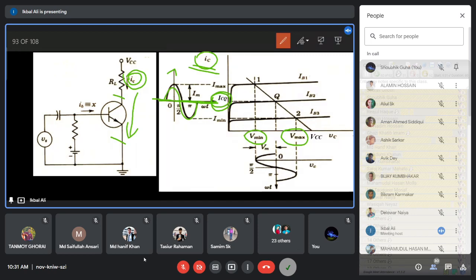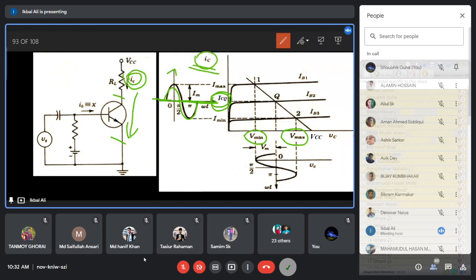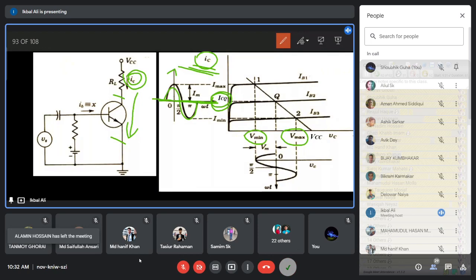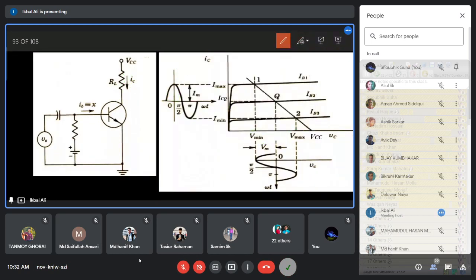And the total current, which is AC plus DC, should be represented by a small parameter with a capital suffix. In the case of collector current, it is small i, capital C. These are the notations which should be followed in device analysis. Device circuits contain DC as well as AC, so the notations should be like this, and this is applicable in general for all devices.